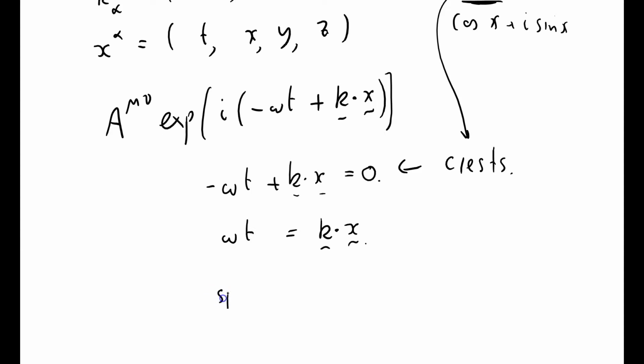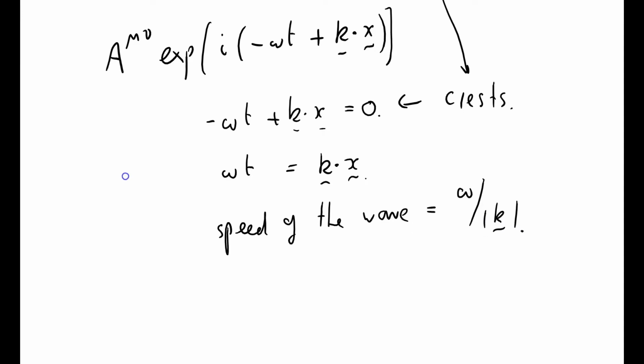And that tells us that the speed of the wave equals, which way around? It's omega over k, of course, omega over mod k, which is quite nice. And of course we can get the speed of the wave by looking at our constraint on k from the Einstein field equations, which tells me, is it a plus or a minus?